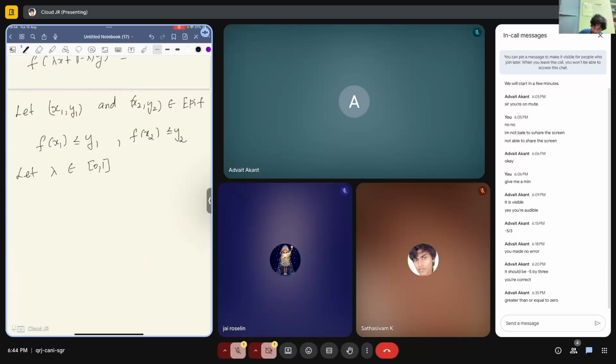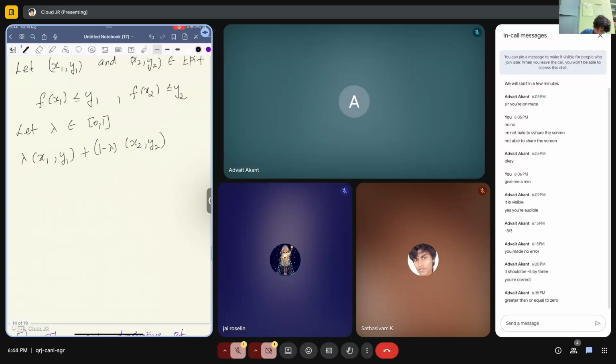We don't know what the lambda is, and we take the convex combination. So it is lambda times (x1, y1) plus 1 minus lambda times (x2, y2). Now you want to say this belongs to your epigraph, right?